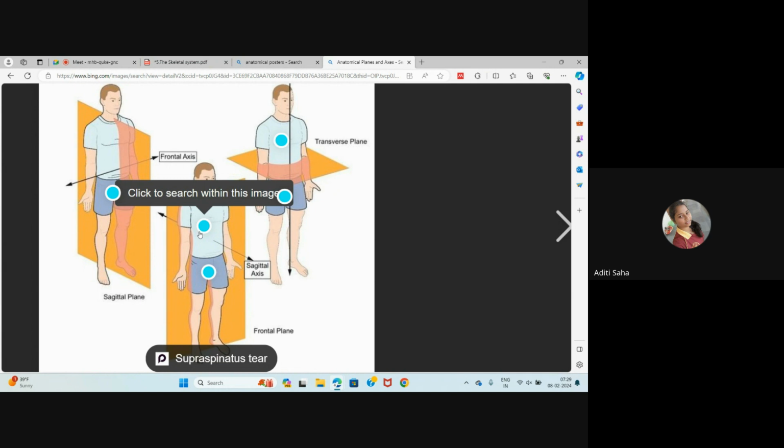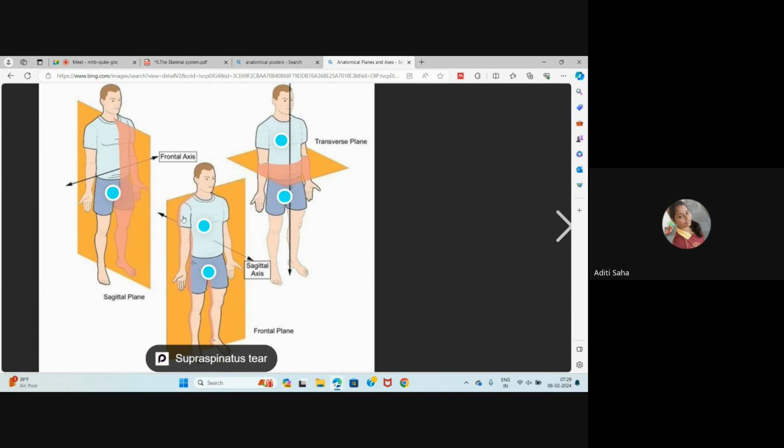He will have to open up his palms, and you can see that the little finger is towards the body and the thumb is away from the body. So this is the way anybody is standing when in the anatomical posture.